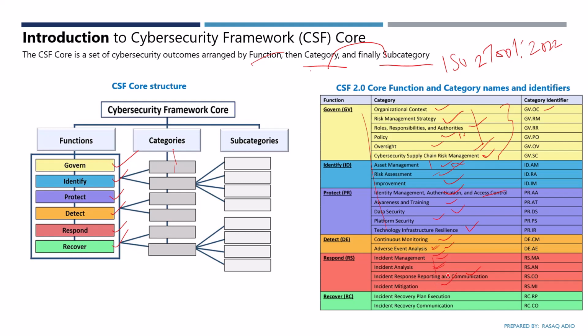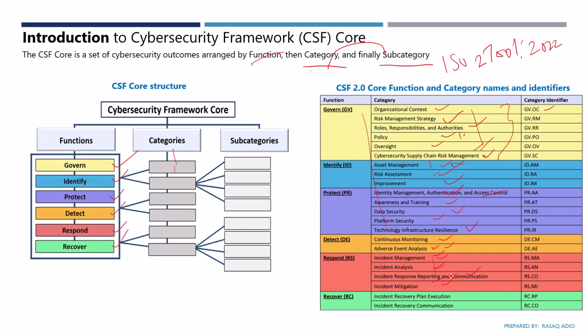And then we also look at incident response, reporting and communication. How do you react to the incident when it occurs? And don't forget that before you can react, there must be established policies that show the testing and the procedures you must follow when incidents occur within your organization.